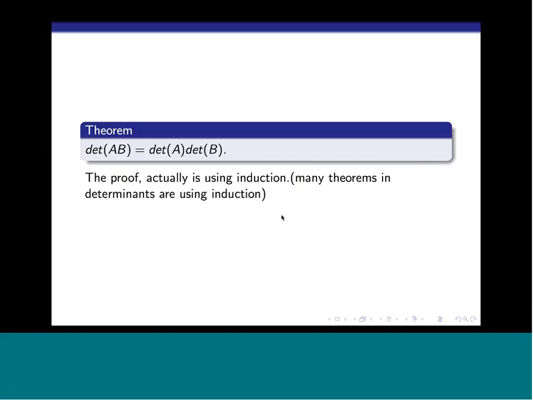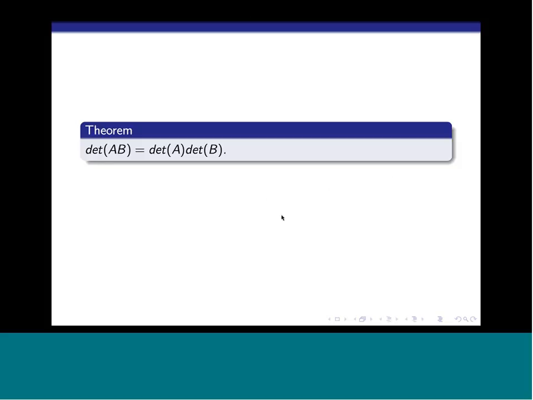The proof is very simple actually, but it takes a long time. It uses induction: you prove for n equal 1 first, then assume it holds for n minus 1, then you prove for n. That's all.